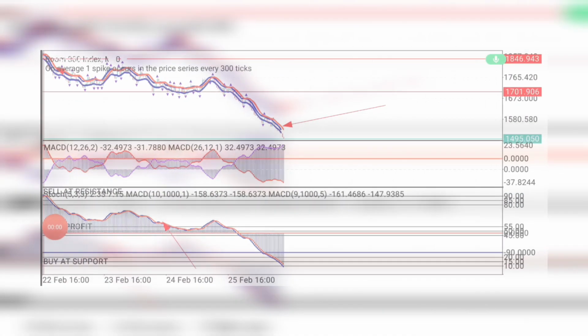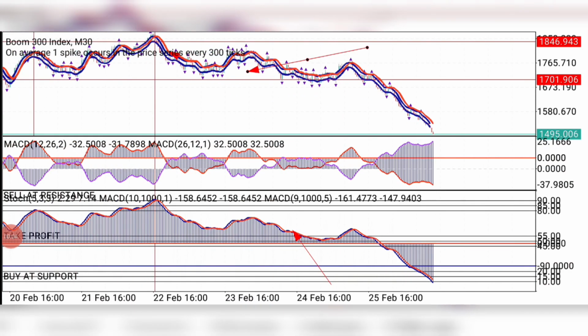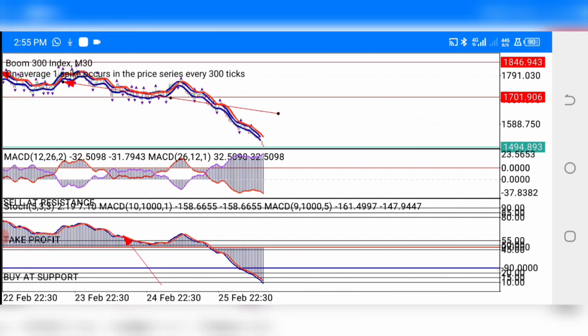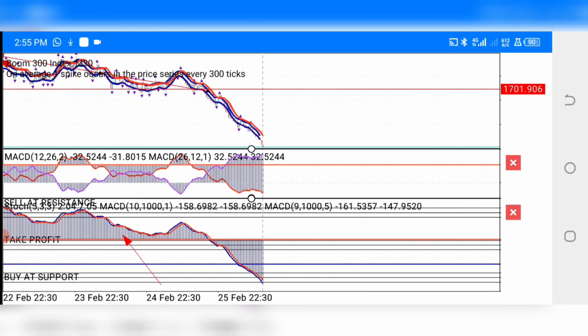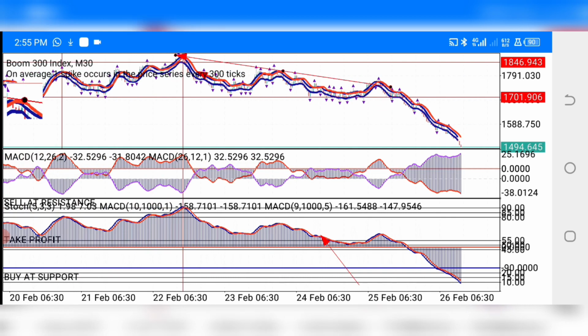So this is our 30 minutes time frame. Here you can see how the market moves from the top, which is the overbought level, where we took our entrance. Look at this level; this is the level we took our entrance.